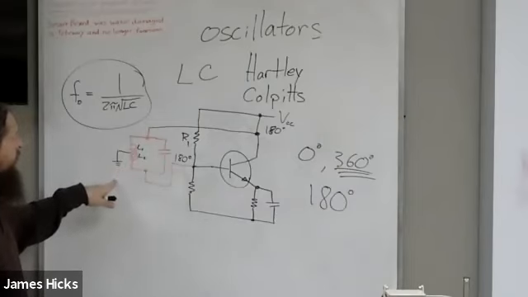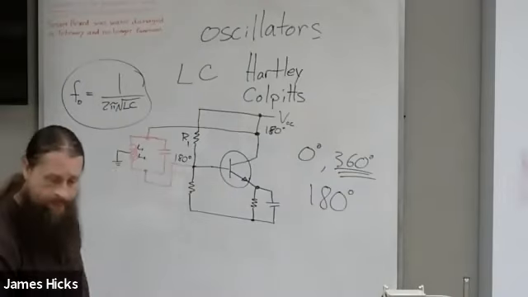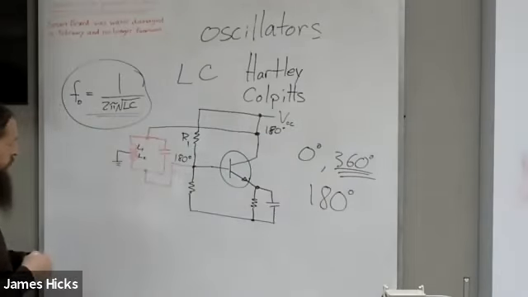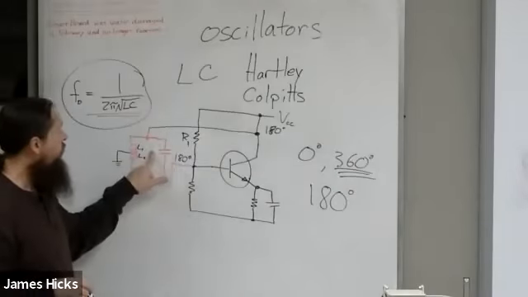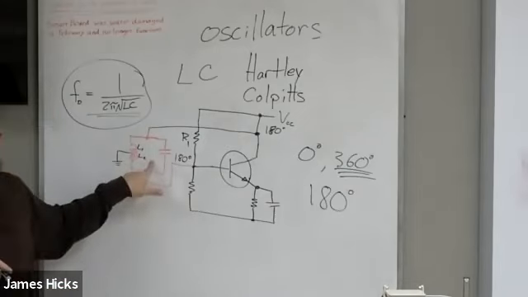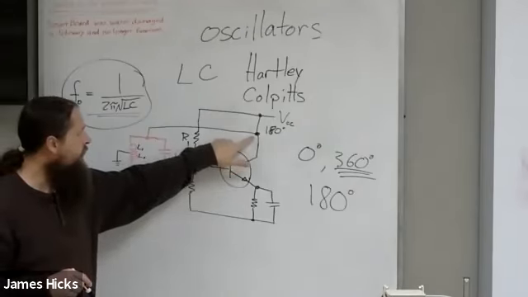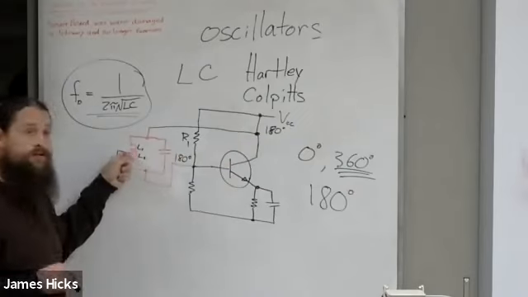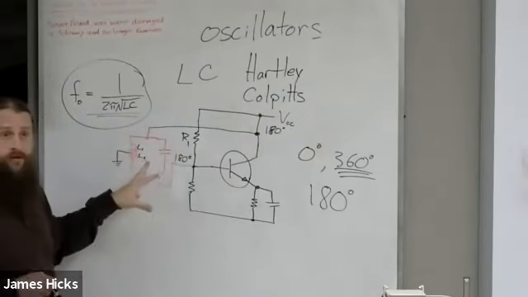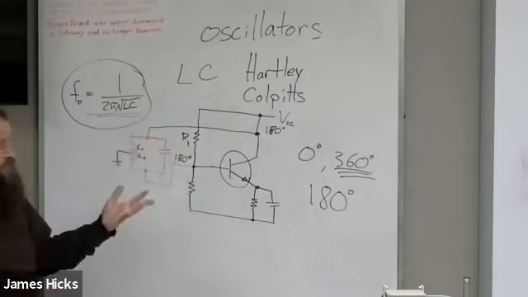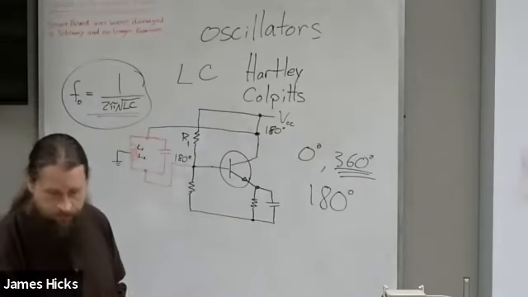So the Hartley oscillator will give you a sinusoidal output at this frequency. The LC circuit provides the oscillating frequency. Coupling it back from the collector terminal, along with the center tap here, takes care of the phase shift. So I get positive feedback in phase. That's everything I need for a stable oscillator.